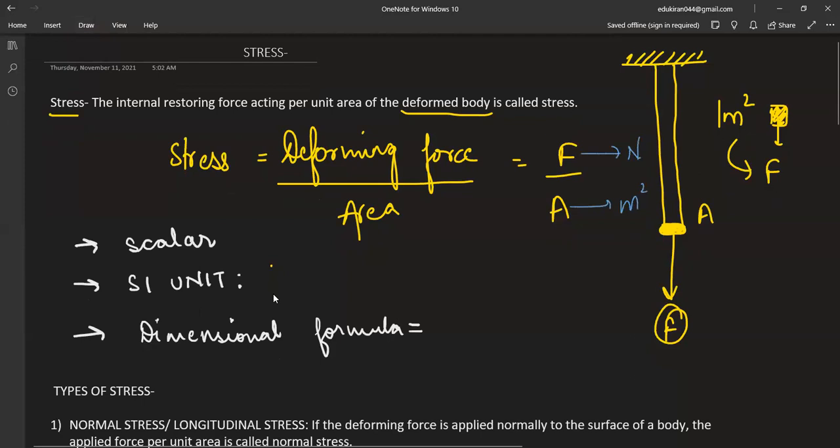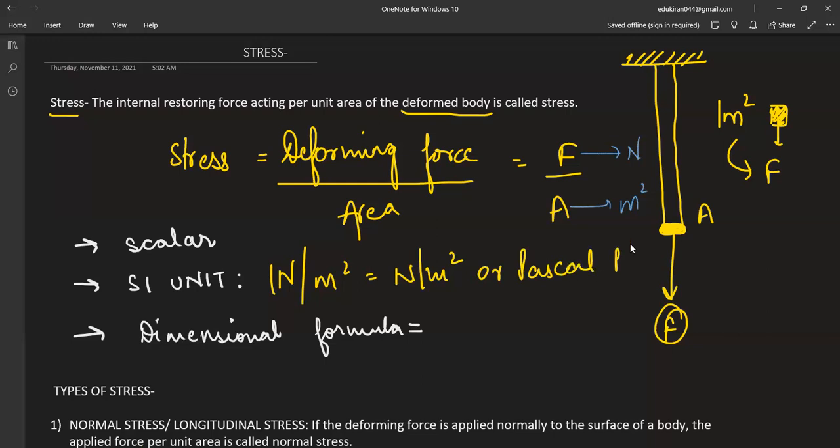So when we write 1 Newton by meter square, you can either write Newton per meter square or use the unit pascals, which Martin has rightly mentioned. Because ultimately it's force per unit area, and 1 Newton per meter square is also called pascals.